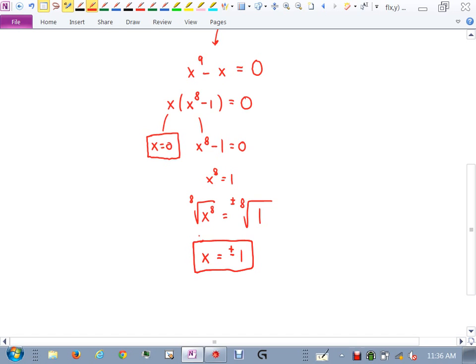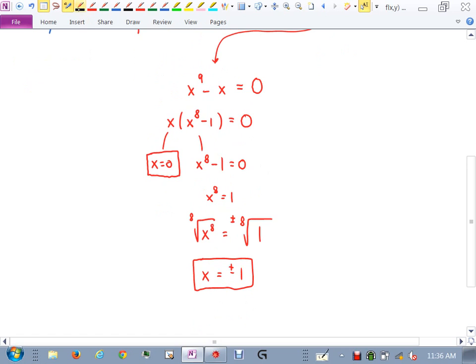We have a total of how many solutions? 3, right? We have 3 values for x. So let's list them out. I got that x must be 0, x must be 1, or x must be negative 1, right?